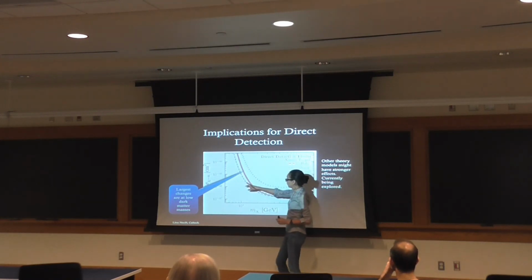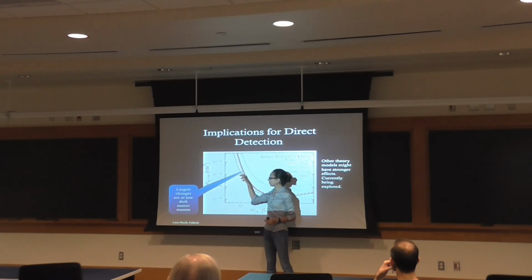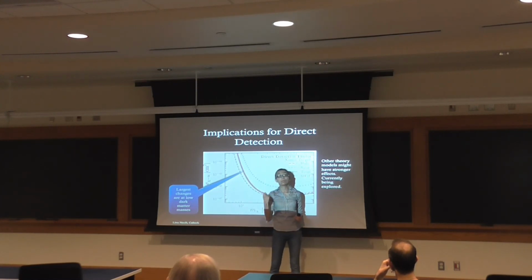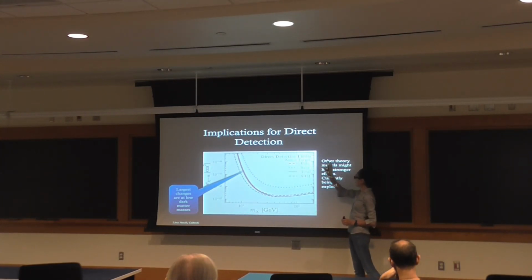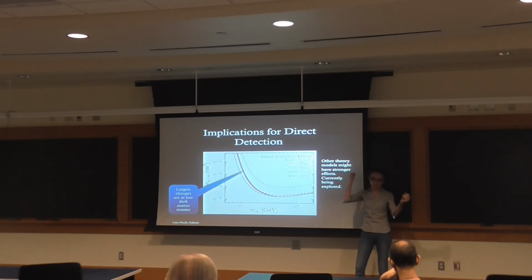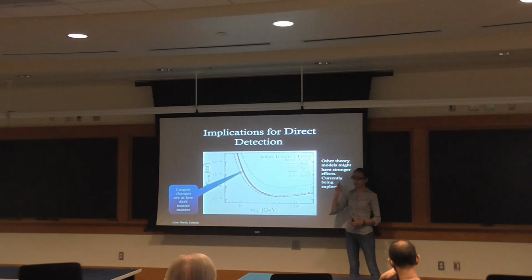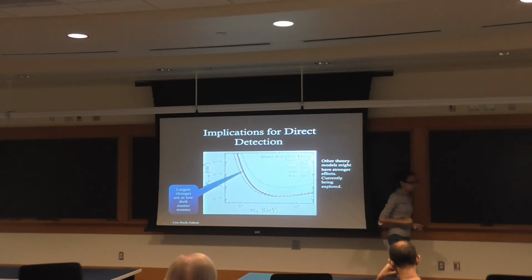I'm just saying that assuming a Maxwell-Boltzmann distribution, we might end up ruling out more parameter space than we really should. Of course, I really need to point out that this depends on the easiest kind of scattering process, and there are actually some studies looking into effects for different scattering processes.